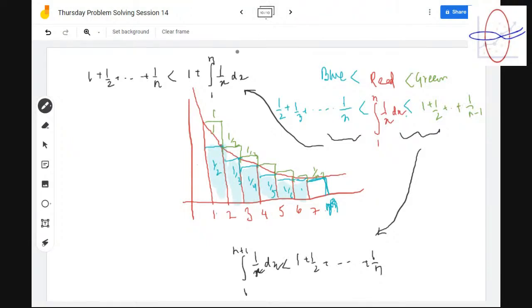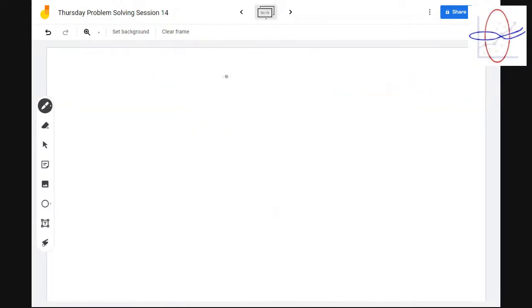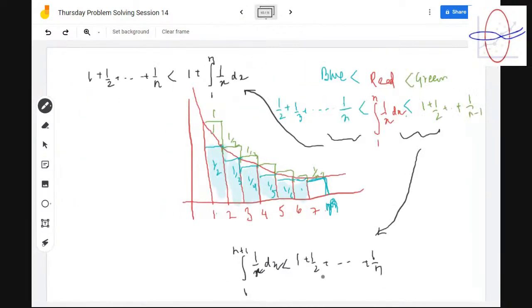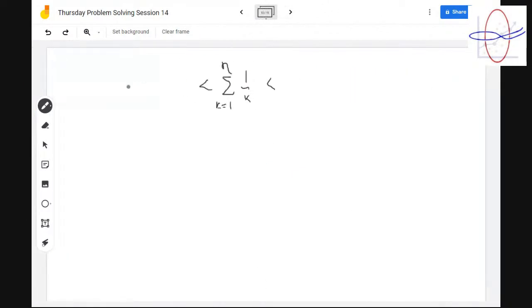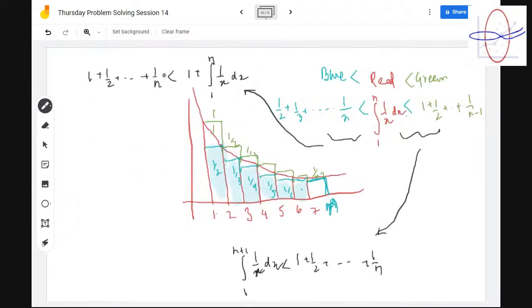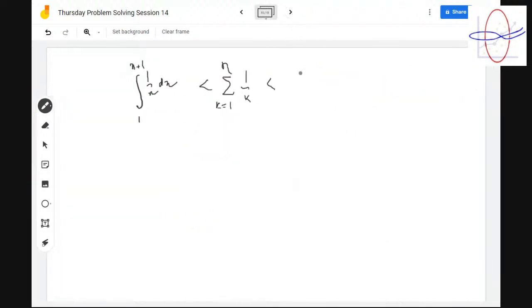Okay. So we have got an inequality that the summation of 1 by k from 1 to n is greater than integration 1 to n plus 1, 1 by x dx, and it's less than 1 plus integration 1 to n, 1 by x dx.